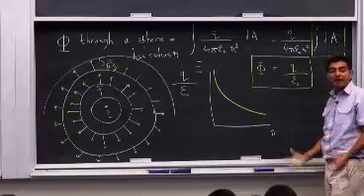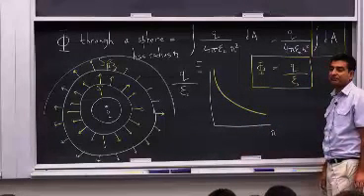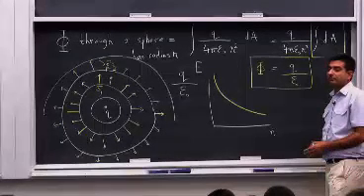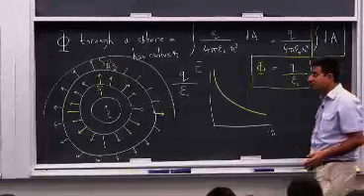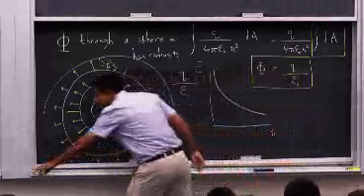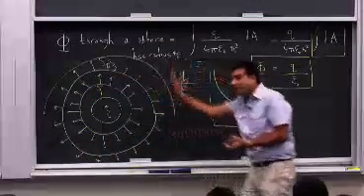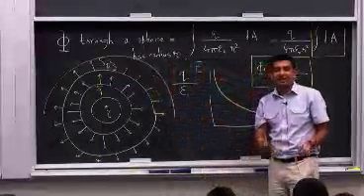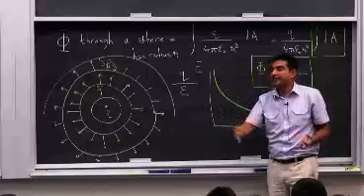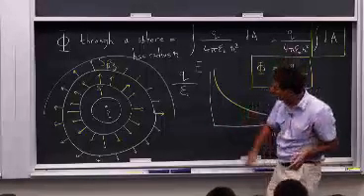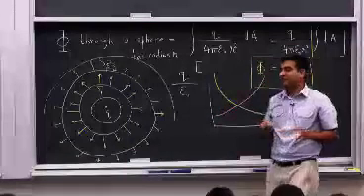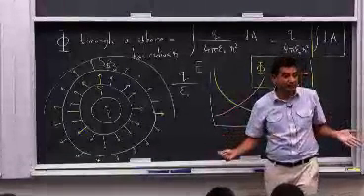But what keeps the flux constant? The charge is the same, but the electric field is dropping off quadratically, and the flux involves the electric field times the area. The surface area is increasing quadratically, 4 pi r squared.